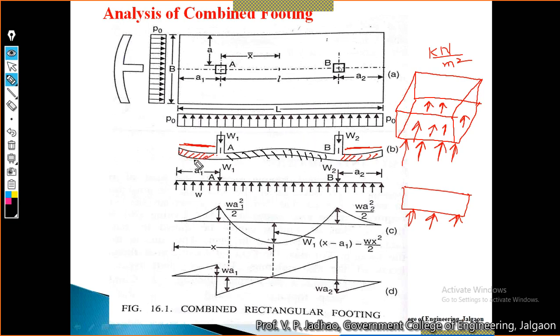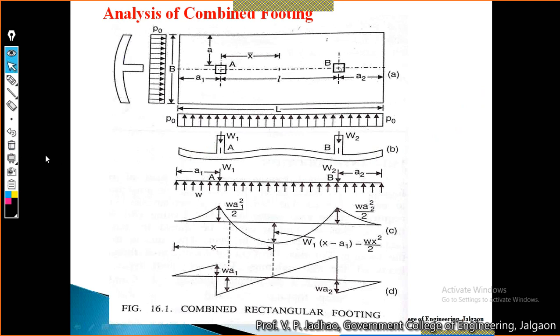Okay, so we need to design this particular footing as a beam having width B. If we want to design it as a beam, we need the loading in kilonewton per meter. So we will convert this loading which we have calculated into kilonewton per meter.